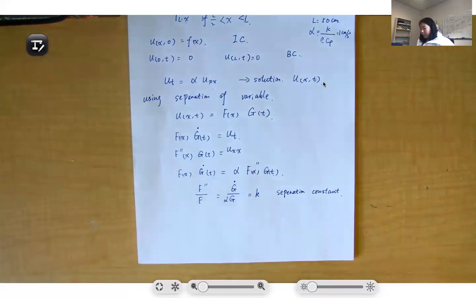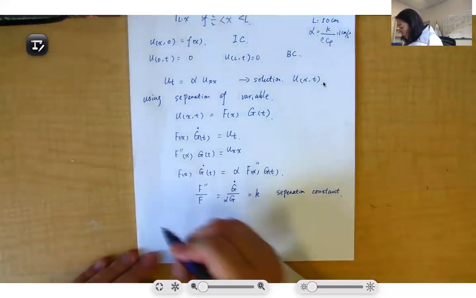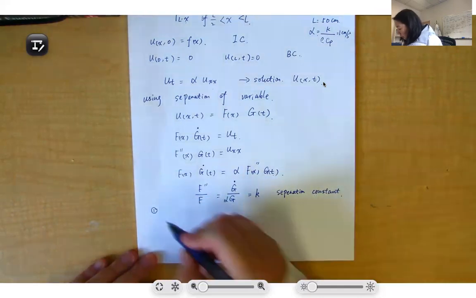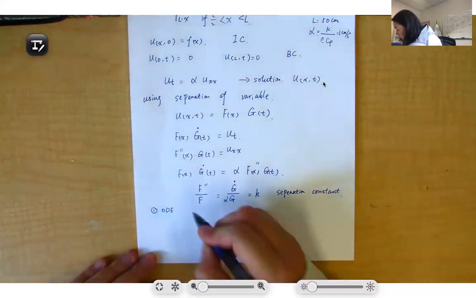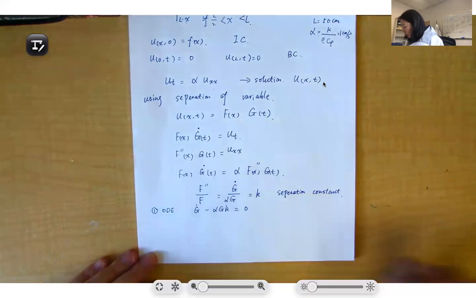After we separate out the x part and the t part, each with its own ODE, we just solve them individually, the time part and the space part. So we got our two equations. One ODE is g dot minus alpha k g equals 0.